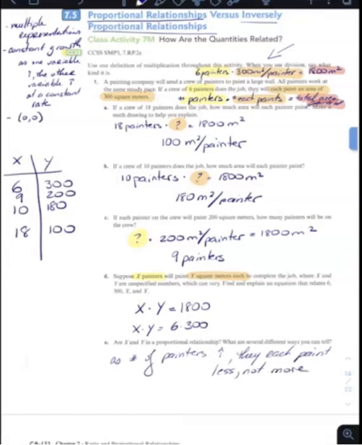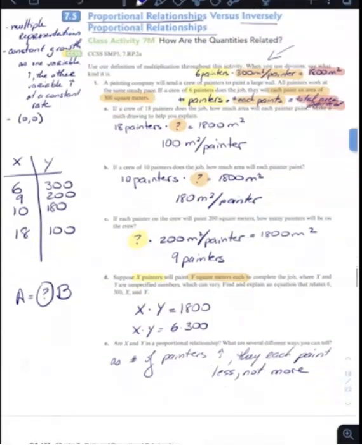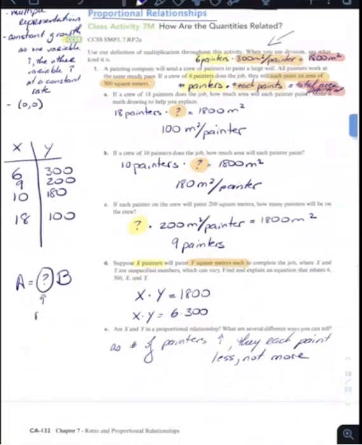Right? The other thing that you can think of is, if you remember, with our proportional relationships, when we had A equals some kind of a factor times B, all of our equations looked like D equals something ratio times T. So this is the ratio that we were finding.